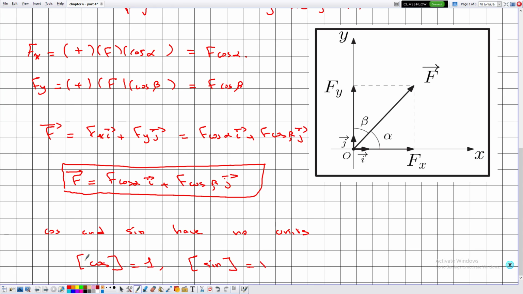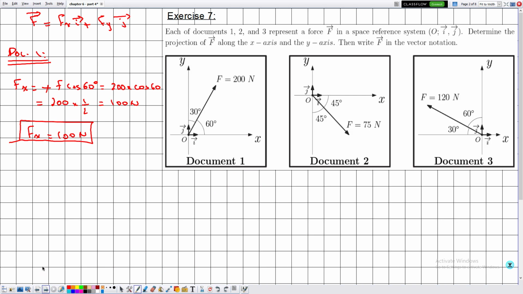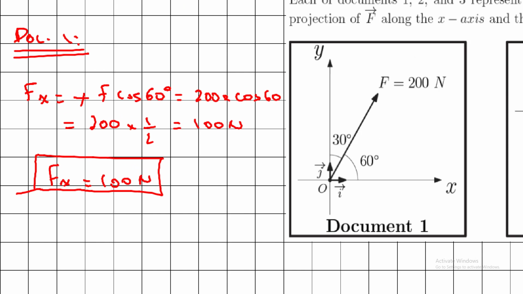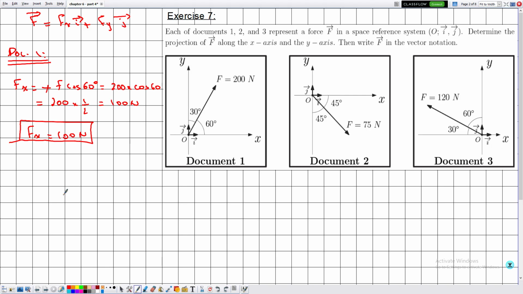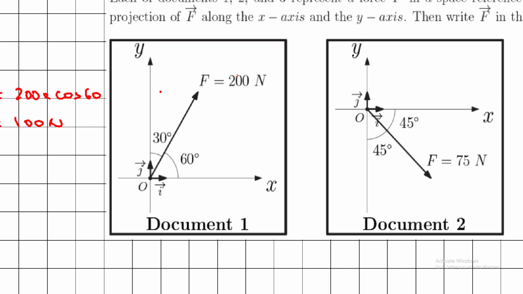Here for sure we must have an angle, say for example alpha or theta. So if the unit of cosine is 1 and the unit of F is newtons, then Fx will be expressed in newtons.